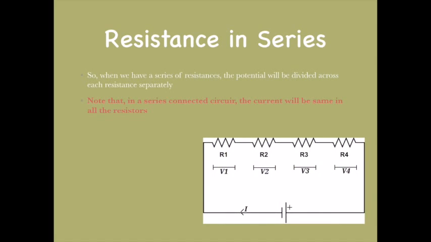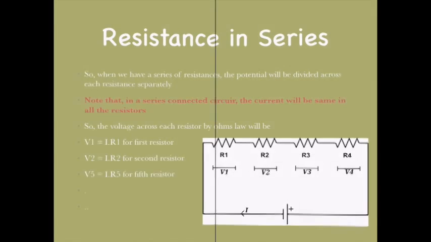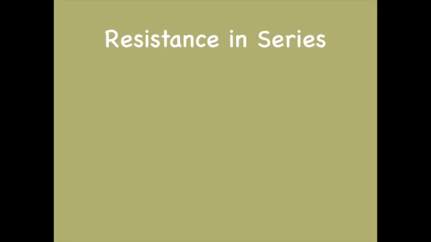Okay. So the voltage across each resistor according to Ohm's law will be, for the first one, I into R1, for the second one I into R2, similarly for the fifth one it will be I into R5 and so on. Now that the current I is the same in all the cases, so I'm repeating this again.